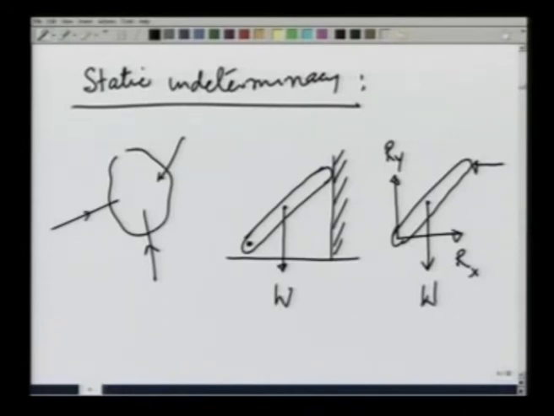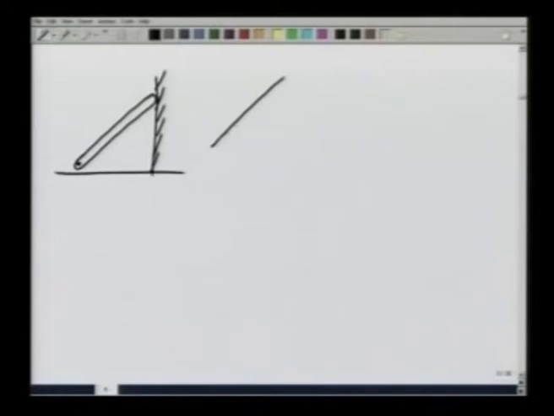Let us see how. So, I have this rod with a pin joint here and a wall here. This has a force Ry, Rx, a normal reaction N due to the wall, and its weight.